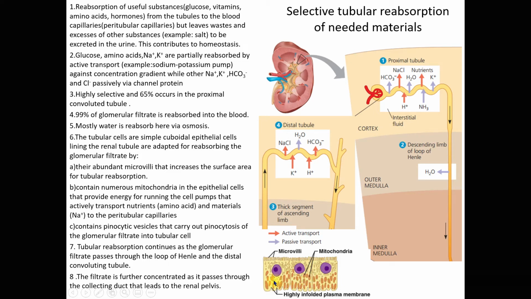These mitochondria provide energy to run the cell pumps that actively transport nutrients and materials to the peritubular capillaries. So these mitochondria provide ATP for the active transport. The active transport involves the sodium potassium pump. This pump needs ATP, so the ATP comes from the mitochondria.